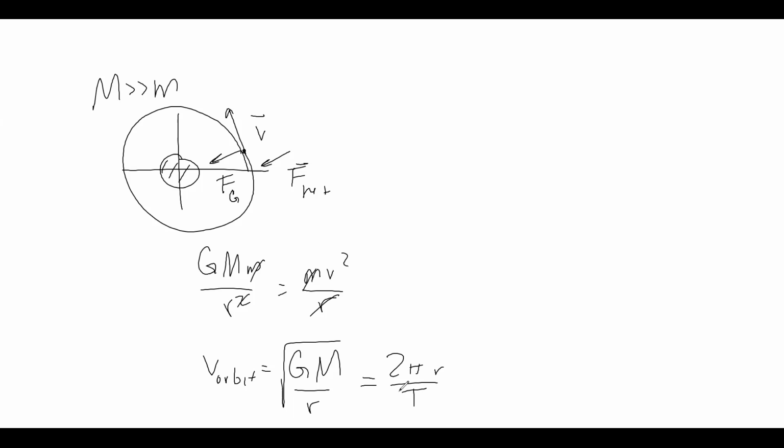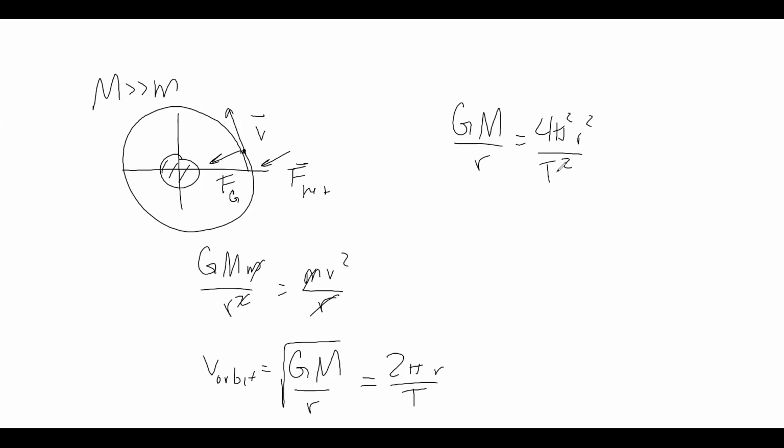If we solve this for t, we have to square both sides and then cross multiply. And so if we square both sides and cross multiply, then maybe going up here, we get big G, mass of the central object divided by r, equals 4 pi squared r squared over t squared.